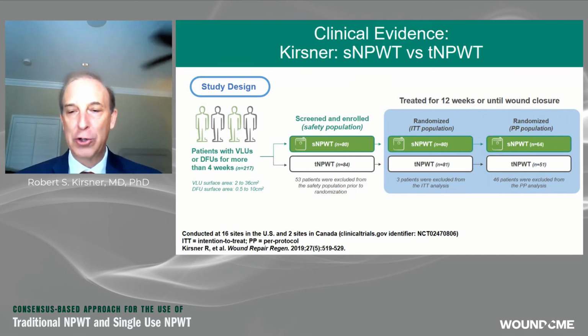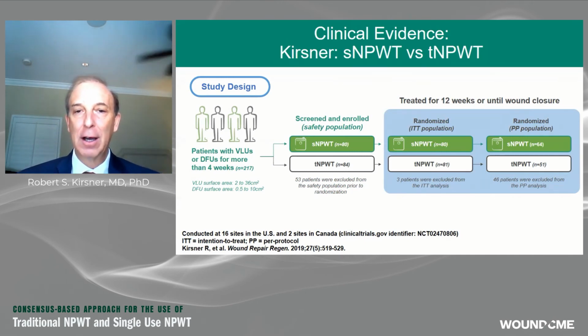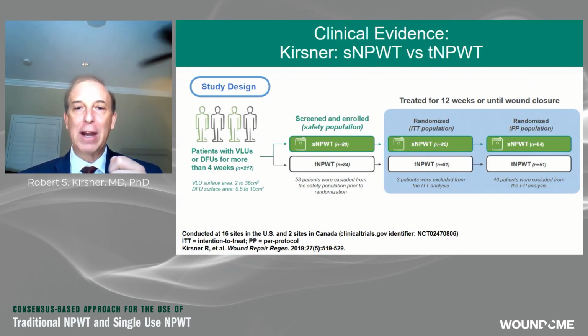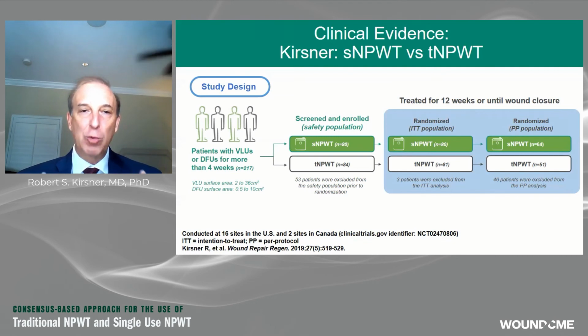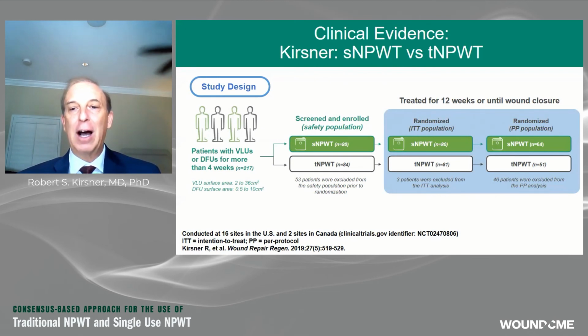or until wound closure. And this analysis really took two types of analysis. There's one called a randomized or intent to treat population analysis, and the other is also a randomized population, but this is per protocol. Because we initially started out to see whether the two devices were equal, this is called the non-inferiority analysis.